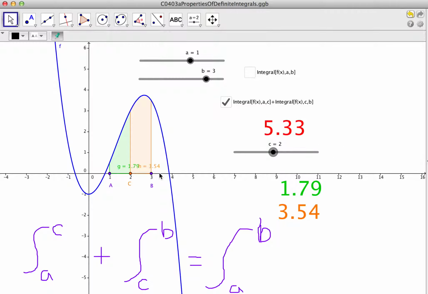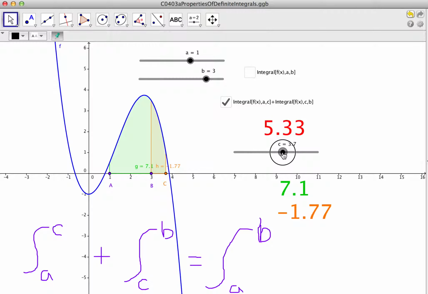Notice that from A to C is 1.79, from C to B is 3.54, and those add up to the total of 5.33.